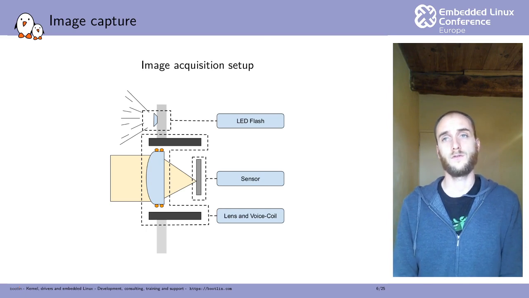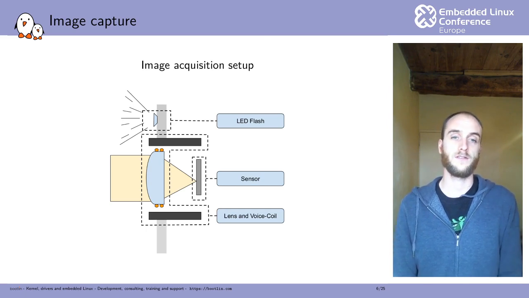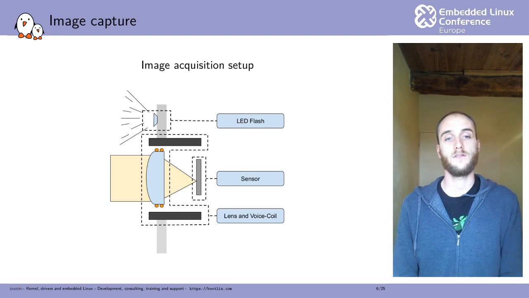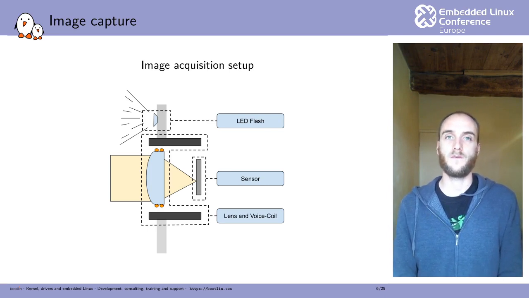So to acquire an image you need three things. The first thing that you need is an optical signal, so basically incoming light. Incoming light means that you have to be filming something that is in a bright environment, so in some cases you will need some way to enlighten the scene that you are filming.